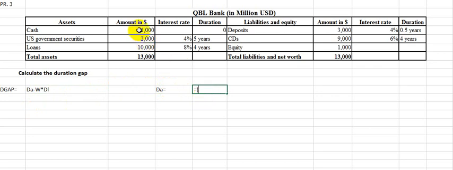The first asset is cash, which is $1,000, times its duration, which is 0, plus the U.S. government securities, which have a duration of 5 years, so times 5, plus the loans, which have a duration of 4 years, so times 4, divided by total assets. So the duration of assets is 3.85 years.